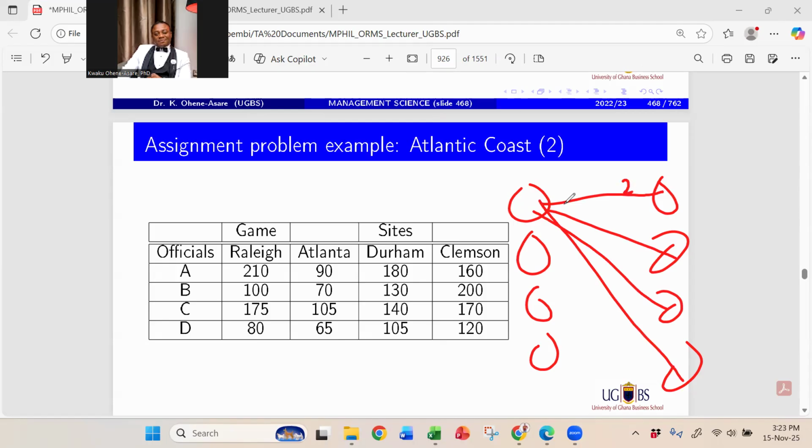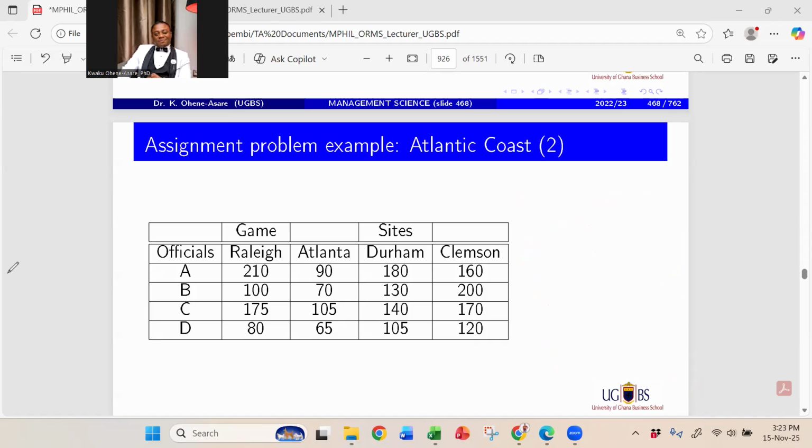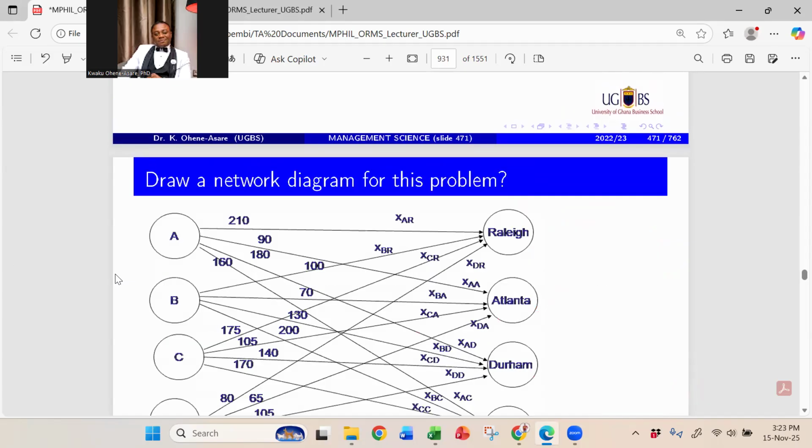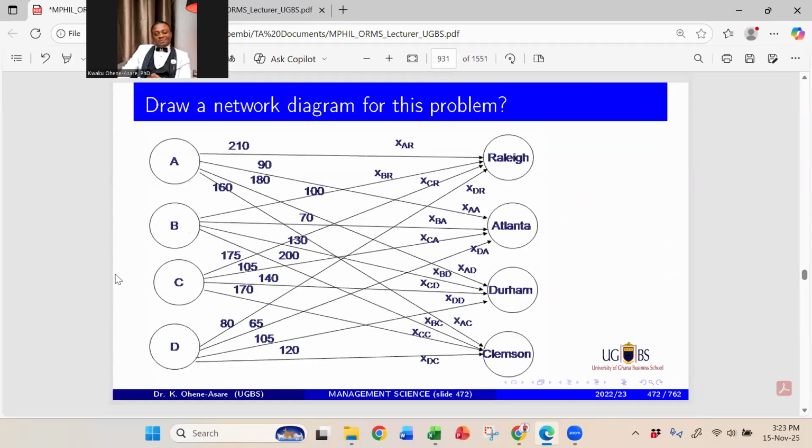The distances are 210, 90, 180, and 160. Then you do the same for the next one, and you draw them very nicely. If you do that perfectly, you will get something similar to what you have here. As for the decision variables, I've always been telling you. So you should get something like this.